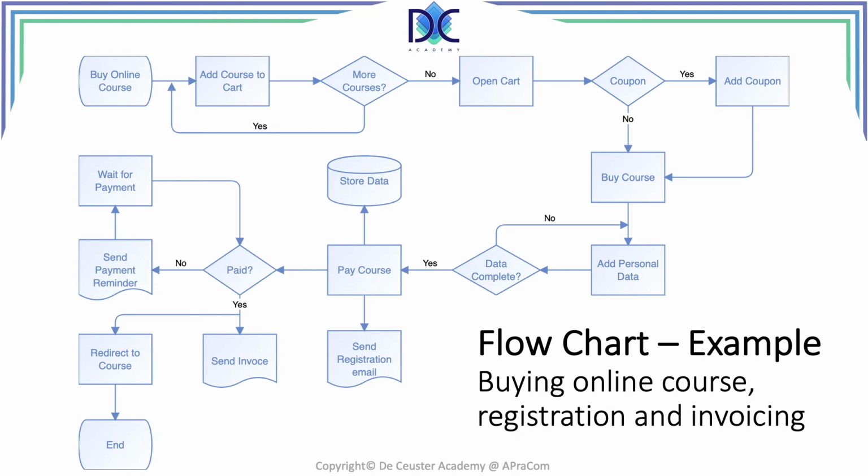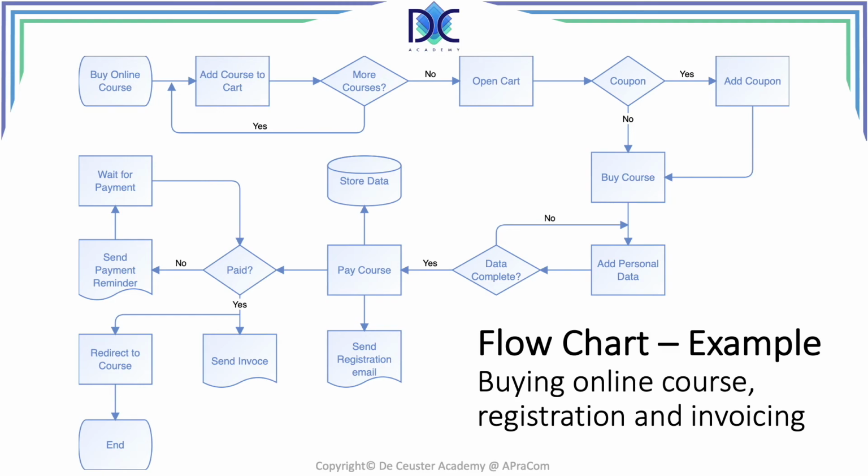So that's a flowchart that we can have. We can do this for certain processes, and it immediately gives us an idea of what we have to program, what are the steps that we have to program in our LMS system to be able to buy the courses, and we can do that for even more complex programs.